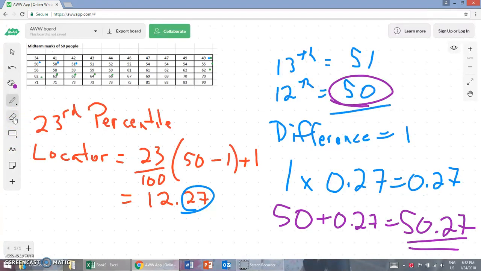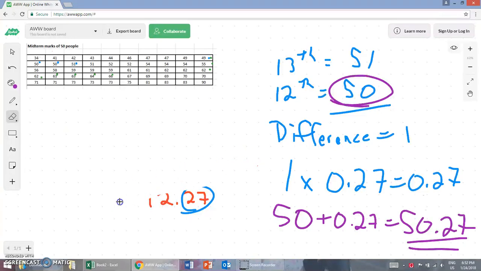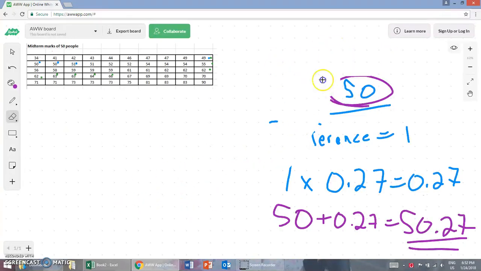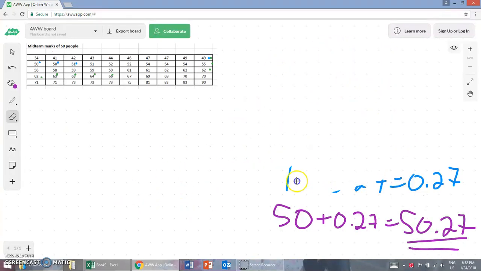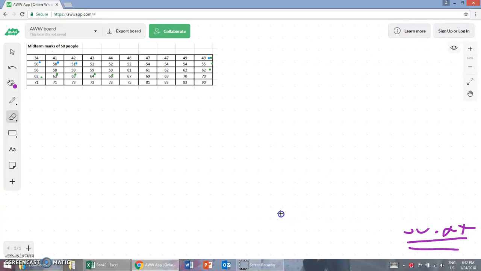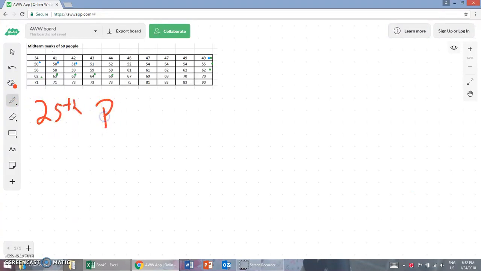One more example. We're going to look for the 25th percentile. Let me slowly and carefully erase this. We're going to calculate the 25th percentile. First thing we need to do on paper is the locator.